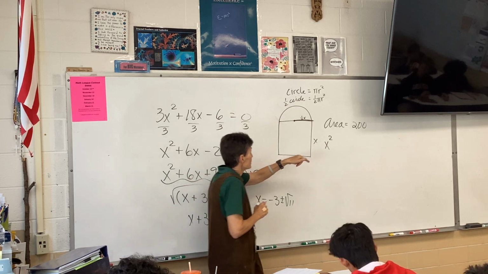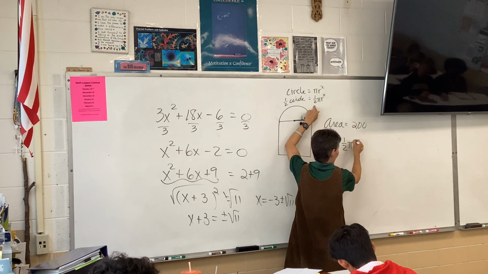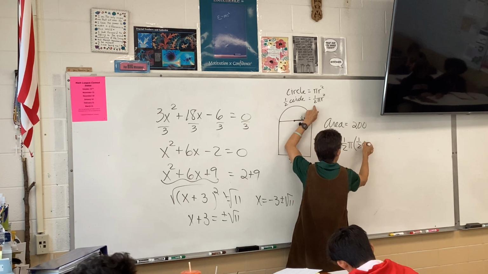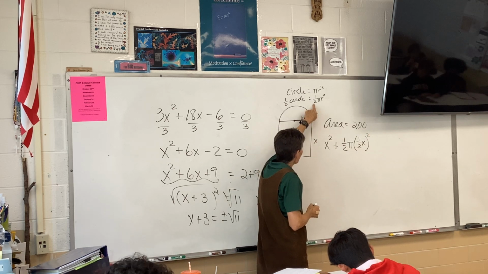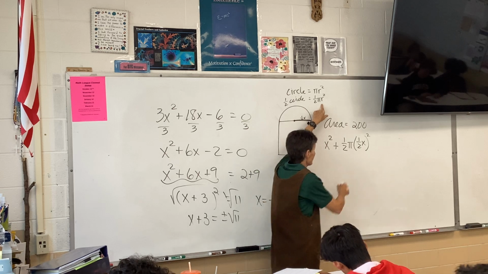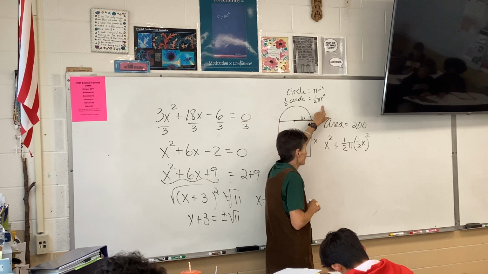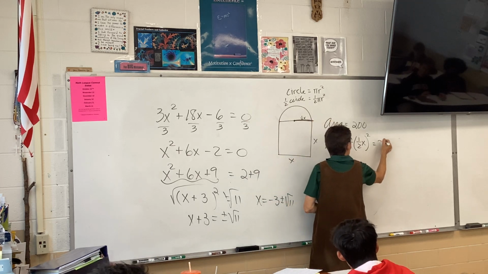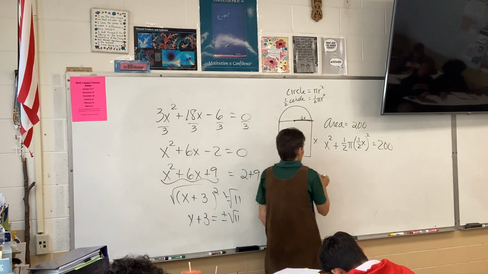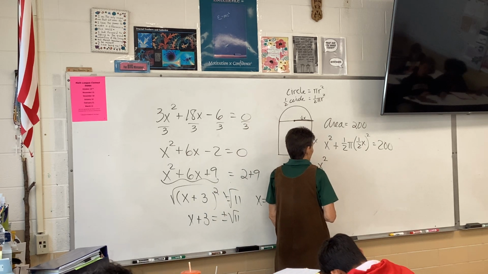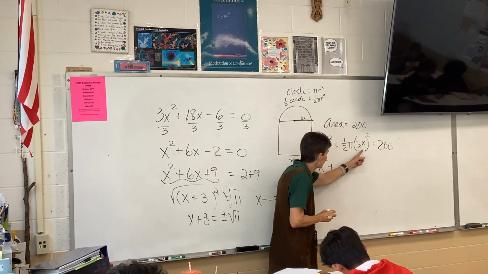So we need 1/2 pi, and then r is 1/2 x, squared. And that has to equal 200. So we have x squared plus, okay, let's clean this up. 1/4 x squared.